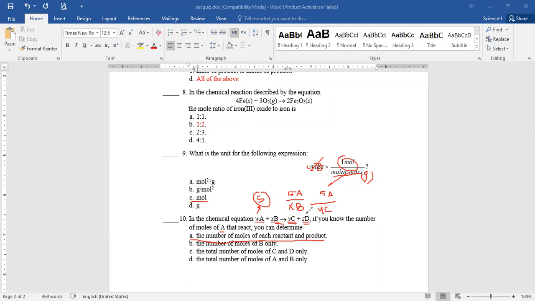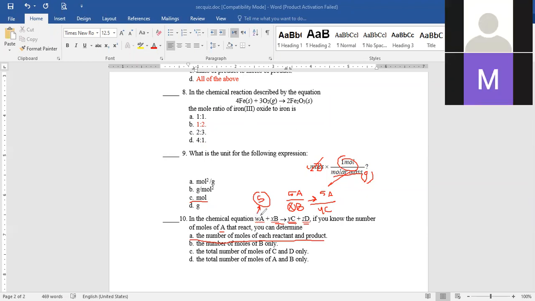So 5A over xB is equal to 5A over yC. By cross multiplication, or some mathematical equation, I can find the amount of x and y. So once you know the amount of moles of one of the reactants, you can figure out the others because of the mole ratio. Okay, is it clear, guys?